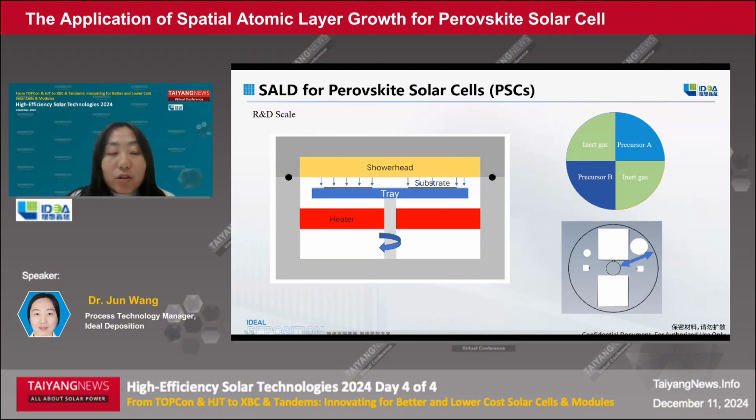The substrate is placed on a tray, which is rotary and will be exposed to the precursors as it rotates. The maximum size of the substrate can be about 300 by 400 millimeter. The shape of the substrate can be square or round, according to specific needs.